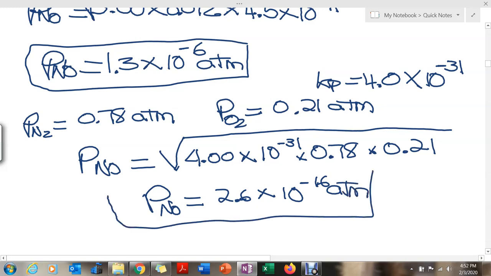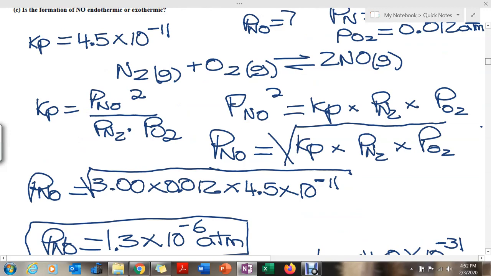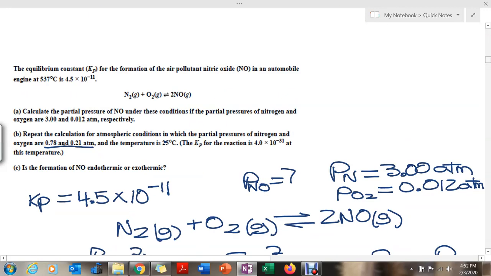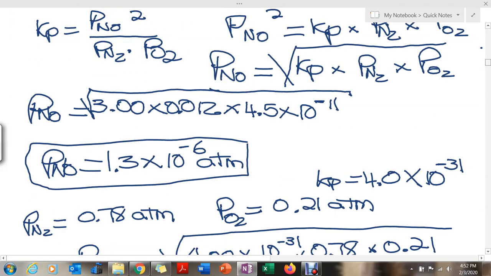So the next question is, is the reaction endothermic or exothermic? And what do we think? How do we know? Well, first of all, the K decreases with a decrease in temperature. And watch what happens to the equilibrium.